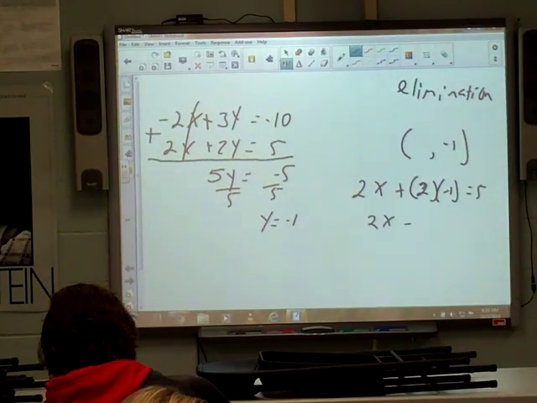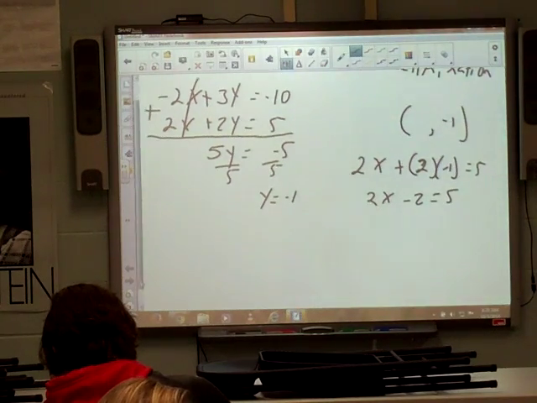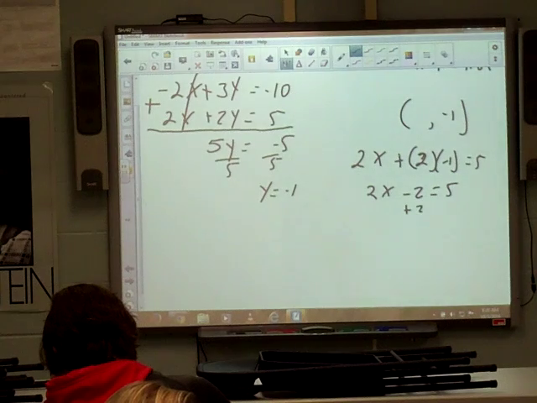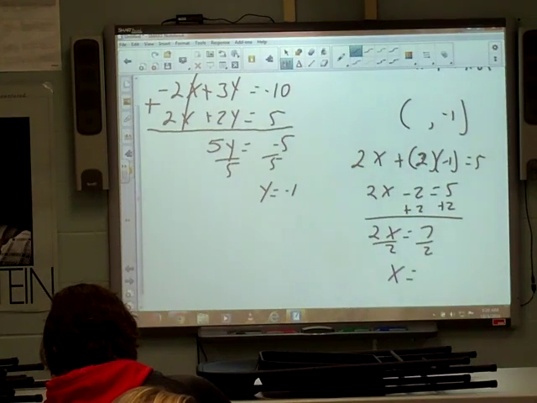So 2x minus 2 equals 5. We're going to get a fraction on this one, aren't we? Add your 2. 2x is 7. Divide by 2. X is 7 halves or 3 1/2 or 3.5. I'm going to just leave it as 7 halves.